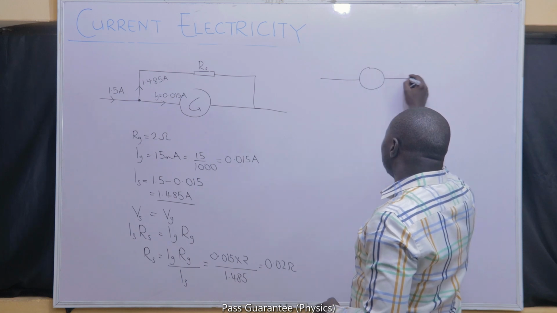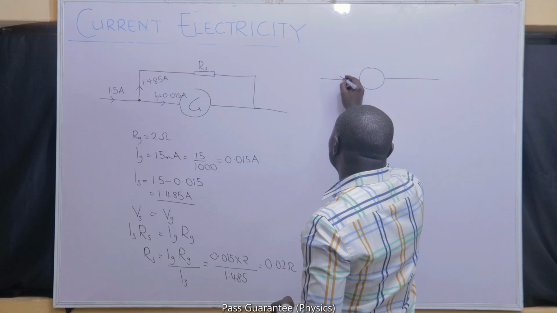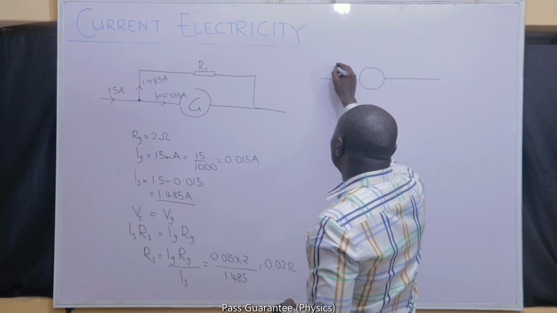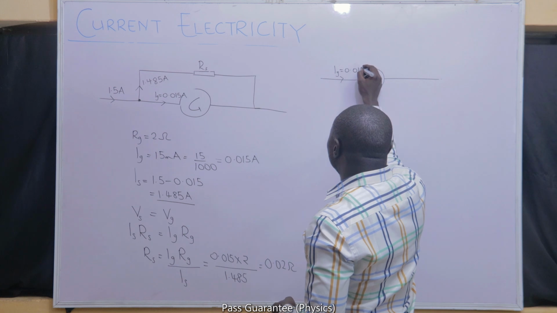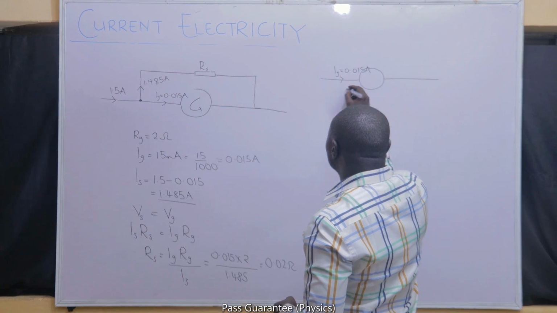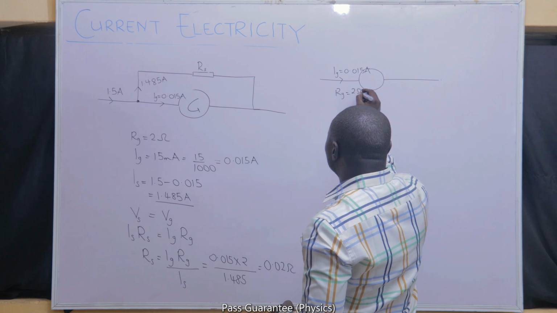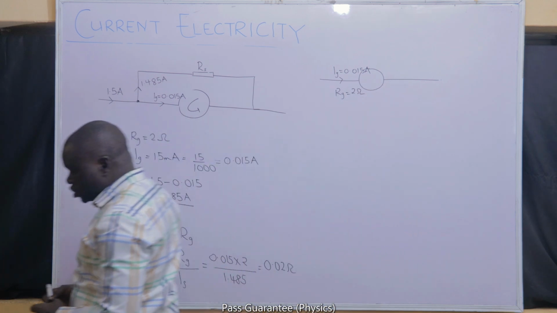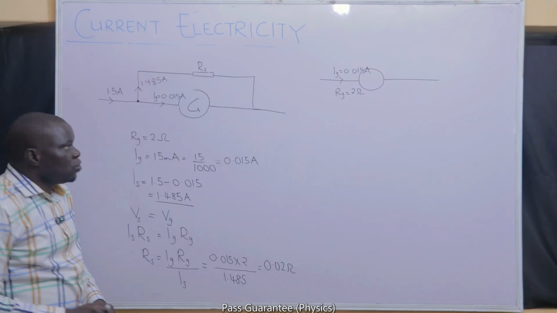The other side of the question is asking how we convert this same galvanometer, whose full-scale deflection is 0.015 amperes and whose resistance is 2 ohms, to a voltmeter which can measure voltages up to 30 volts.